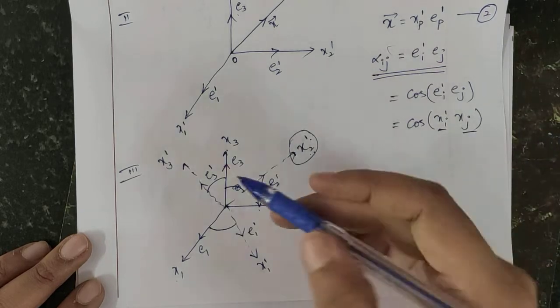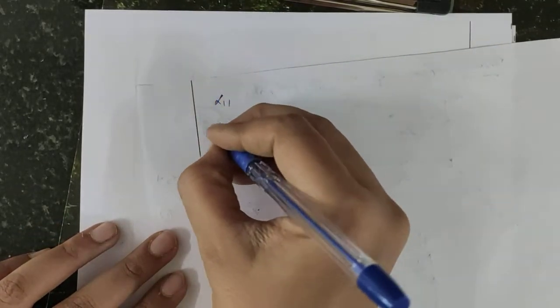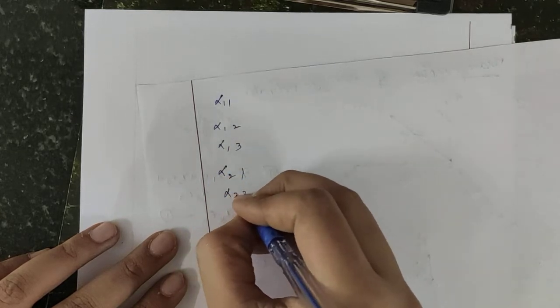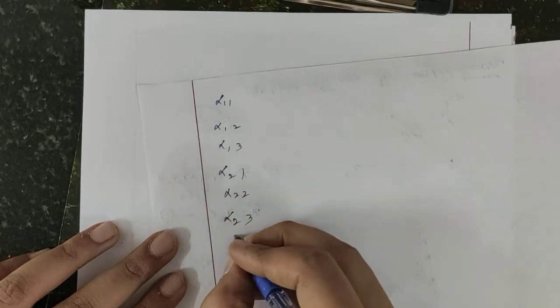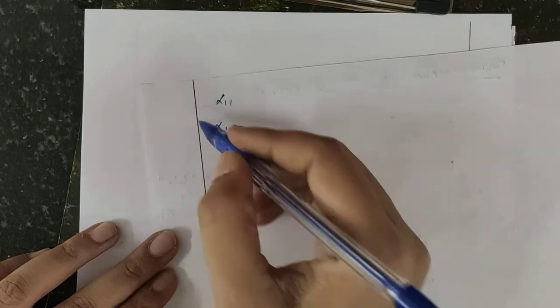So for all the positions, I can write the direction cosine as alpha 11, alpha 12, alpha 13, alpha 21, alpha 22, alpha 23, alpha 31, alpha 32, alpha 33. I will get all these combinations, isn't it?